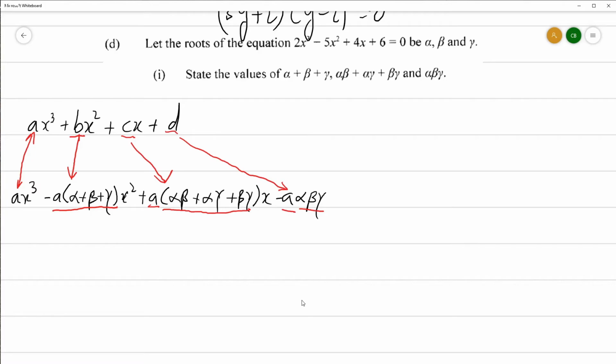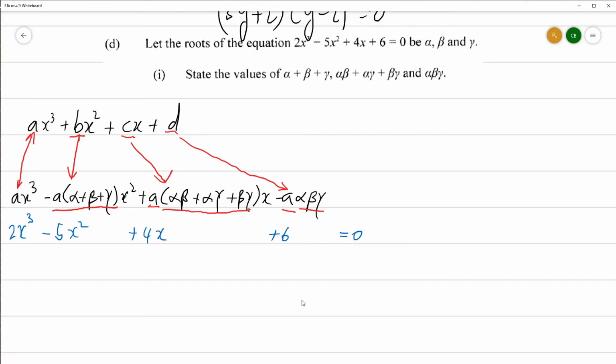So when we are asked to state the value of alpha plus beta plus gamma, the equation, so I'll write it at the bottom here, is, let's go with a different color, 2x cubed minus 5x squared plus 4x plus 6, and that is equal to 0.